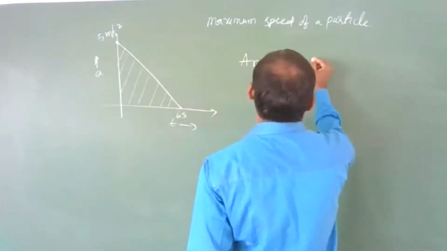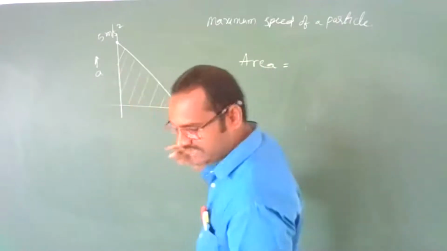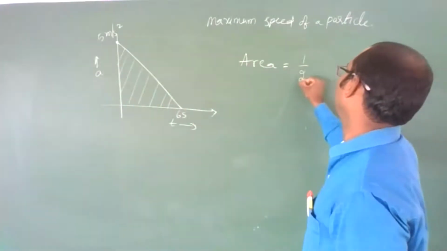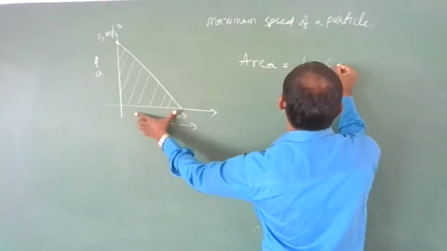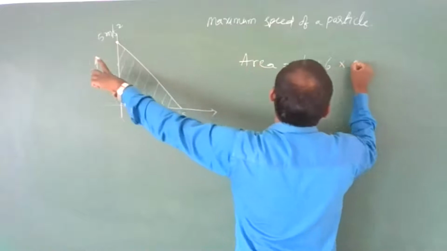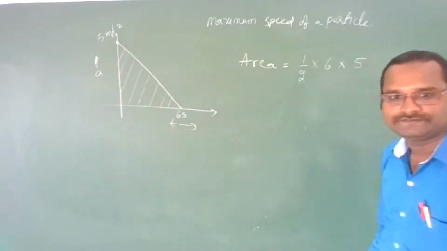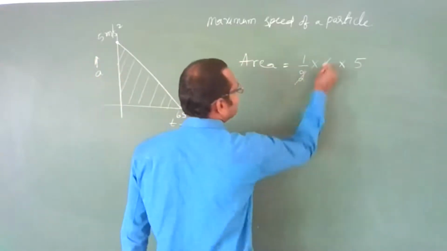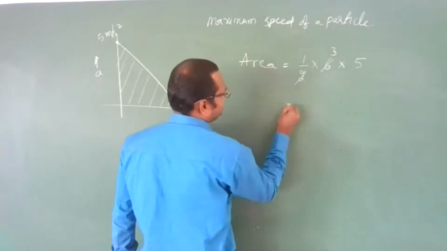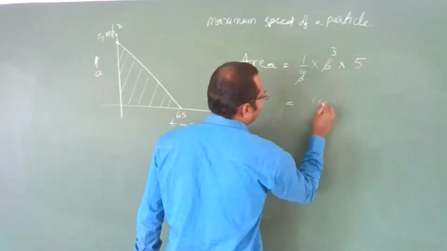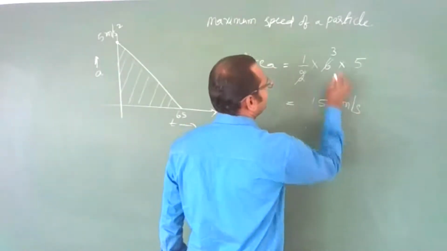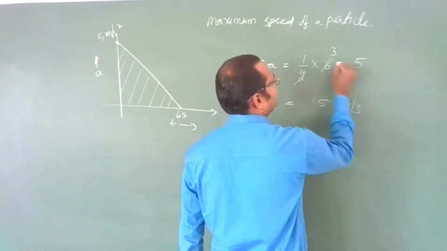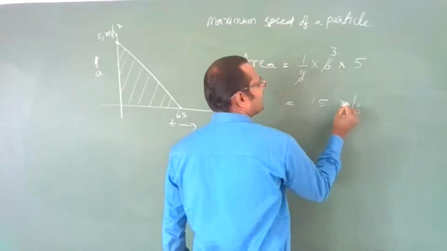What is the area of this graph? Area is half into base into height. Base is 6 seconds into height 5 meter per second square. Half of 6 is 3, and 3 fives are 15. Units: second into meter per second square, seconds cancel, you get meter per second.